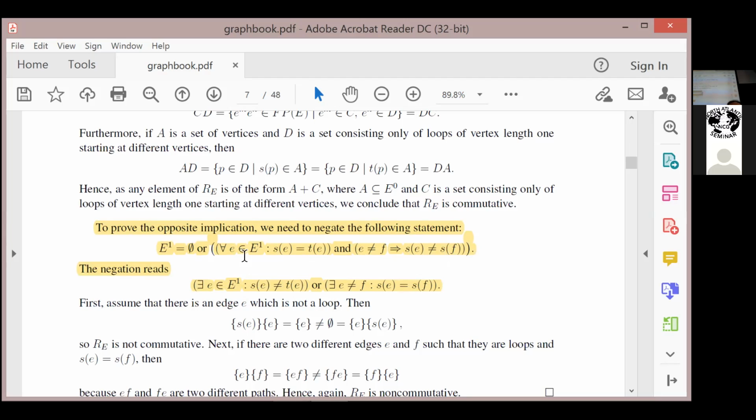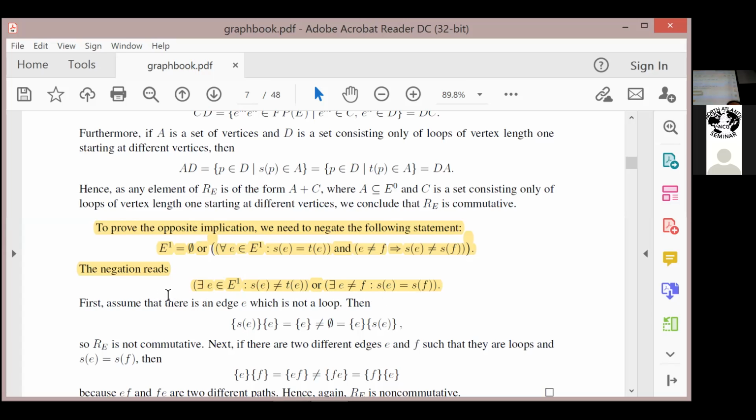So how do I negate it? Well, the negation of an alternative is a conjunction of negations. So here I should add E1 is non-empty, but when I write E1 is non-empty and the rest, somehow that's included. Because if I say E1 is non-empty and there exists an E in E1, well, obviously existence of E in E1 implies that E1 is non-empty. And here I have an existence of even 2 elements in E1.